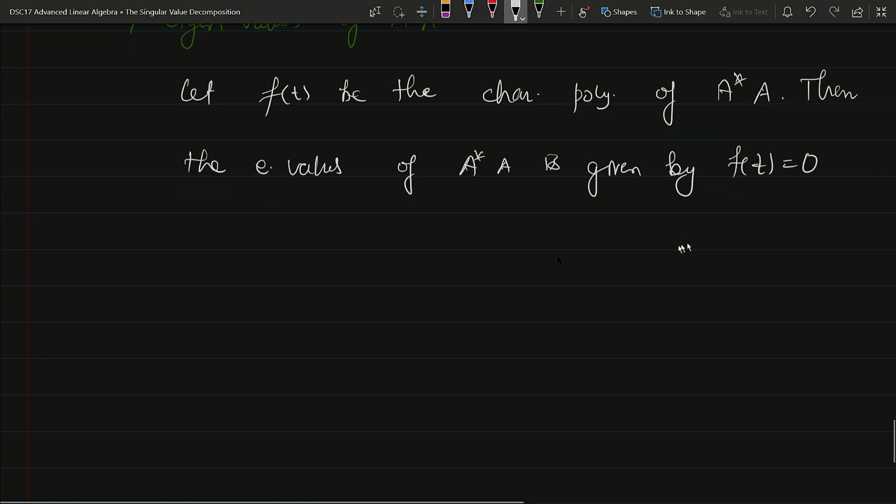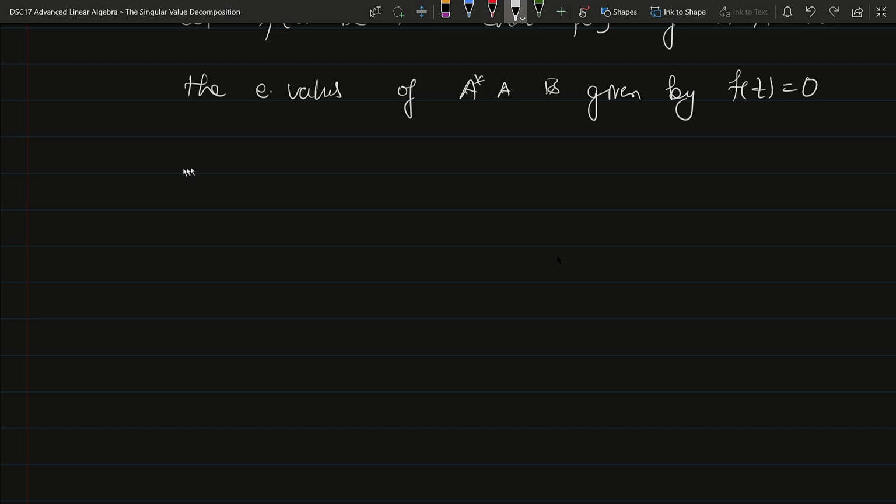Now what is f(t)? That is the determinant, which implies that determinant of f(t) will be the A star A minus tI. We need to identify the determinant of this matrix, and that is equals to 0.